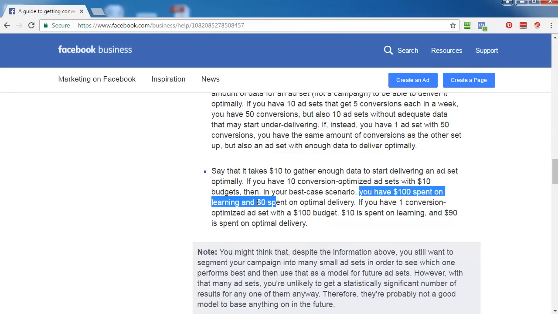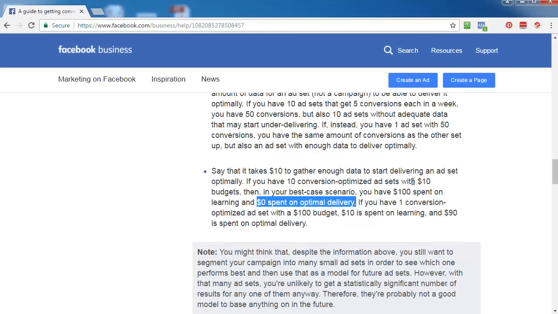You have $100 spent on learning and $0 spent on optimal delivery. Okay? $0 spent on optimal delivery. They're telling us right here, if we go too small with the ad sets, then it's going to spend all your money learning and it's not going to spend any money for optimal delivery.